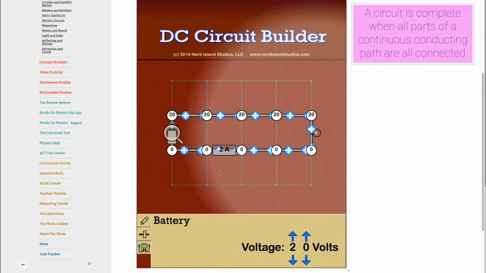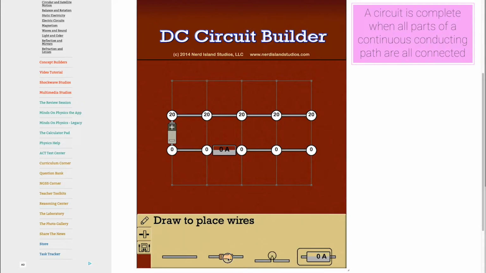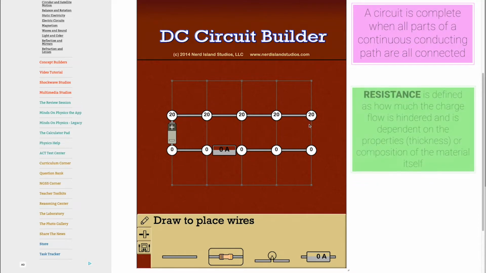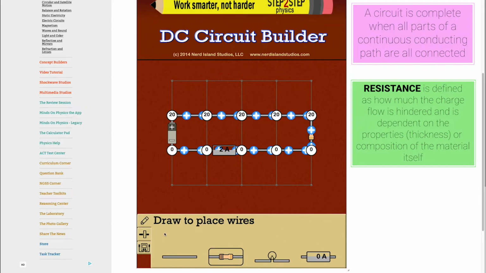Then the resistance, so we're going to go back to the pencil to edit. The resistance is defined as how much the charge flow is hindered and is dependent on the properties, the thickness or the length, or the composition of the material itself. So whatever the resistor is made out of will affect the resistance.